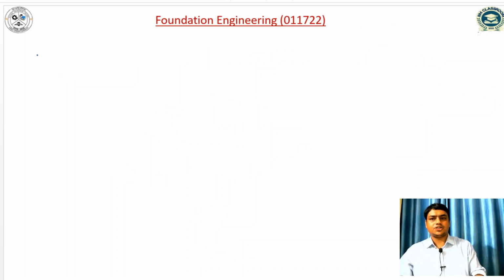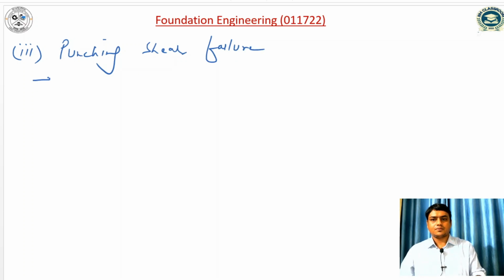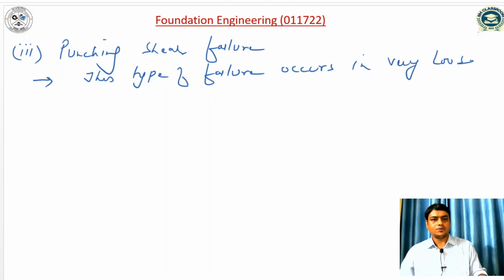Third type of shear failure is punching shear failure. This type of failure occurs in very loose sand.